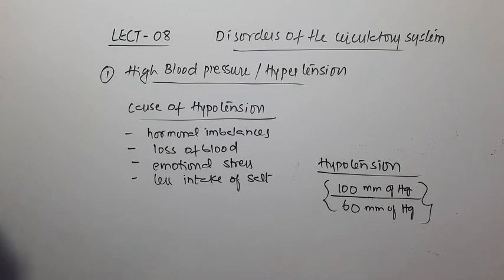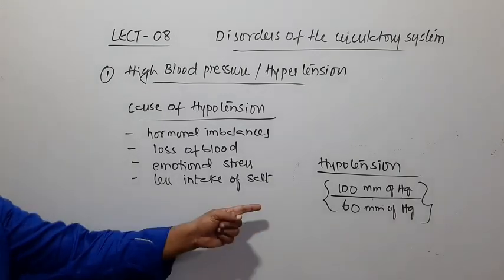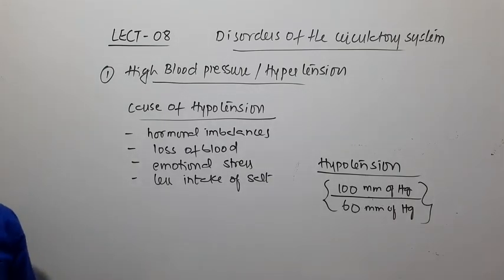The normal quantity of salt has to be taken. Usually sodium is present in other food substances also, and it is not necessarily only from salt. If the sodium chloride in the food is less, it can result in a lower concentration of sodium chloride in the blood, and that again causes hypotension.